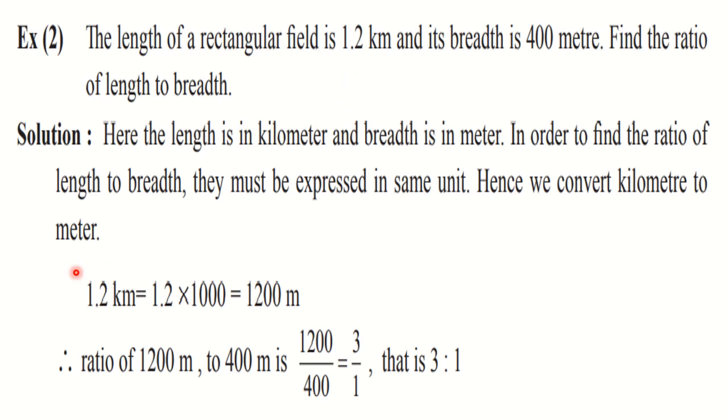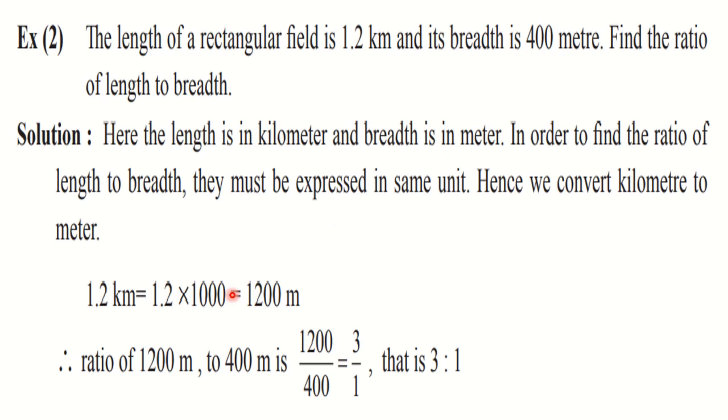So 1.2 kilometers is equal to 1.2 into 1000, that is 1200 meters. You know that 1000 meters is equal to 1 kilometer. So whenever you want to convert kilometers into meters, you have to multiply by 1000. Now the length is 1200 meters and the breadth is also in meters, that is 400 meters.